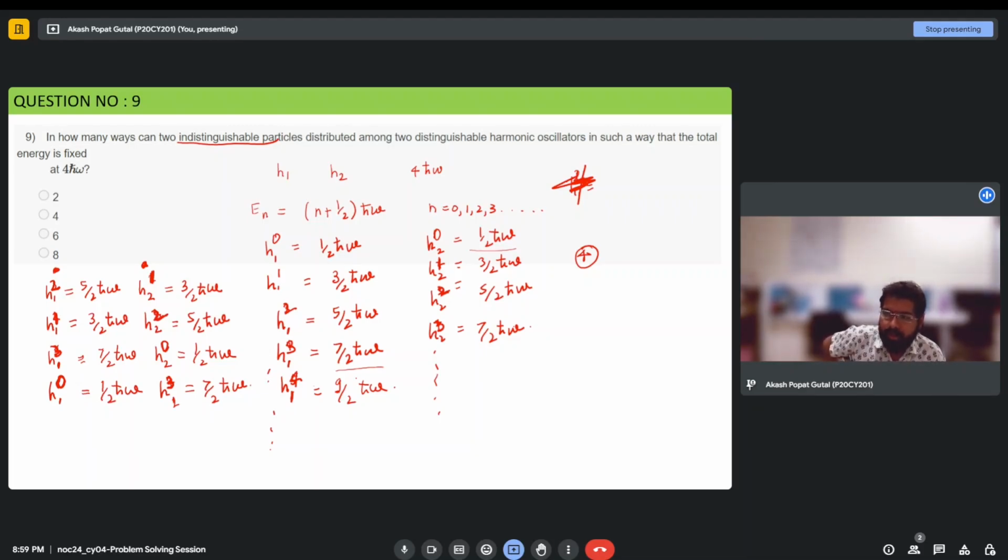As we are distributing two particles, your answer should be 8. So there are four combinations and two particles. The answer should be 4 cross 2, which is nothing but 8.